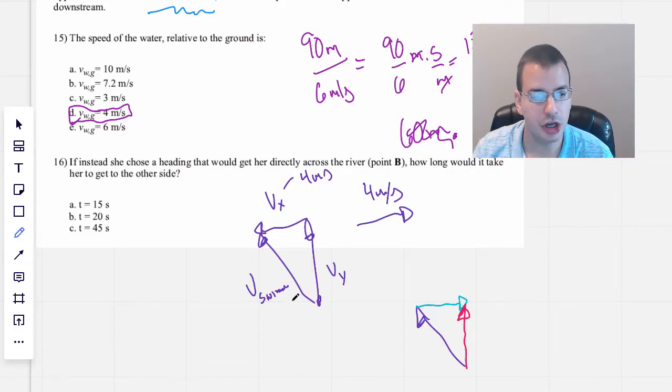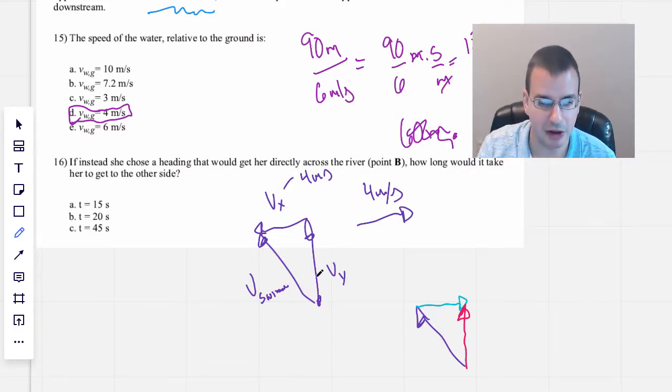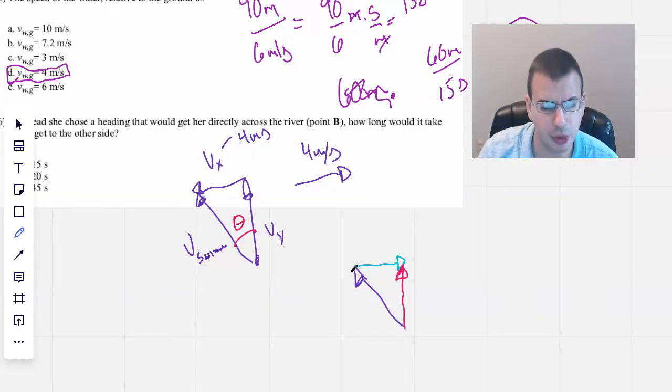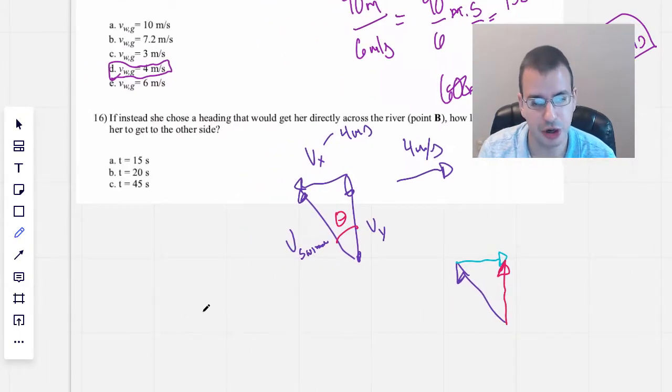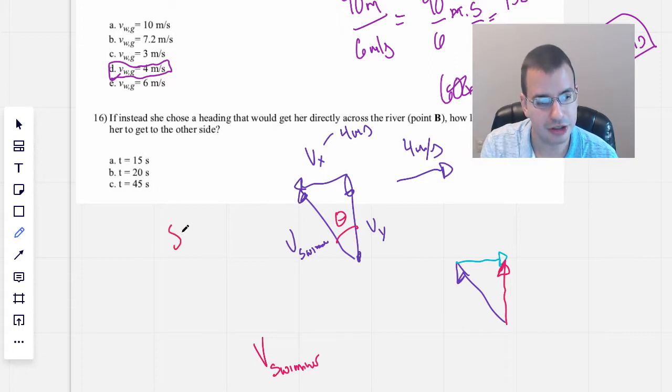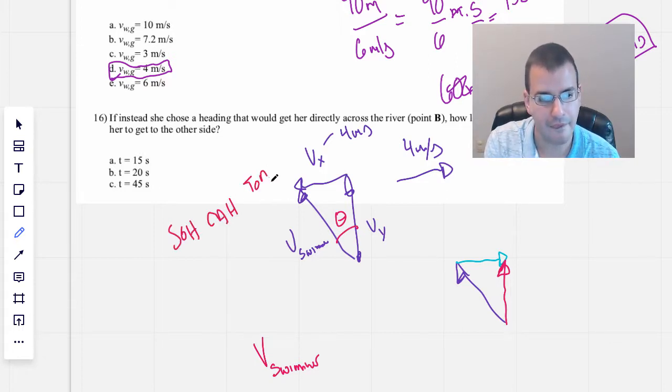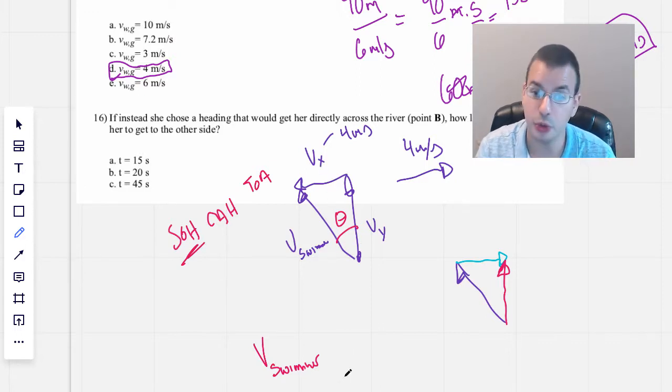Okay, so we want to find this angle theta right here. So the way we're going to do that is we know that velocity swimmer, I know I'm changing up the notation, I'm fine with that. We have SOHCAHTOA. So we're going to use opposite over hypotenuse because we know something about the Vx.